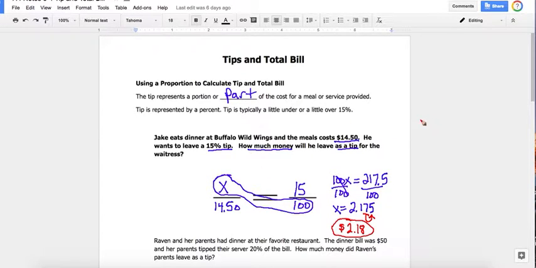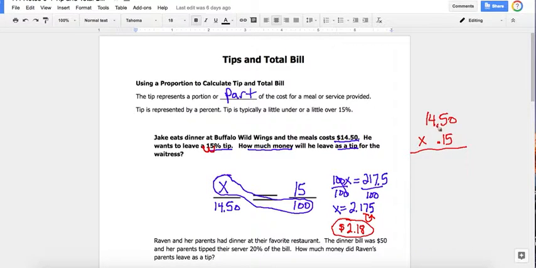So now over here, you don't have to write this down, but I'm going to show you what you would do if you were out at a restaurant. All you would do is $14.50 times 15% as a decimal. So what's the decimal for 15%? Remember this? So hopefully you said 15 hundredths.